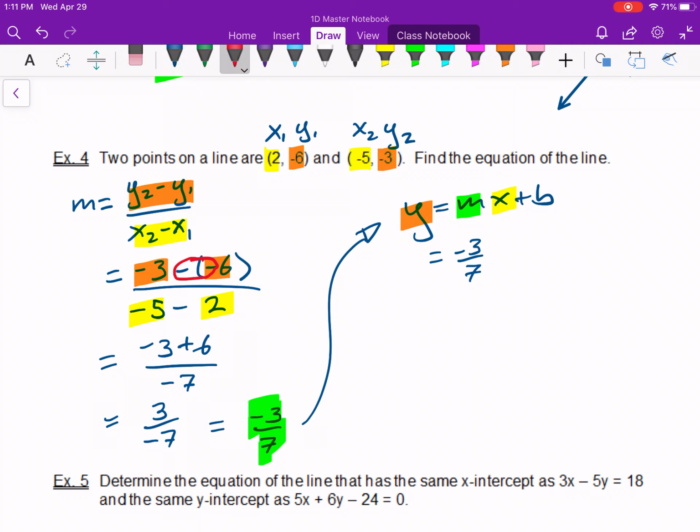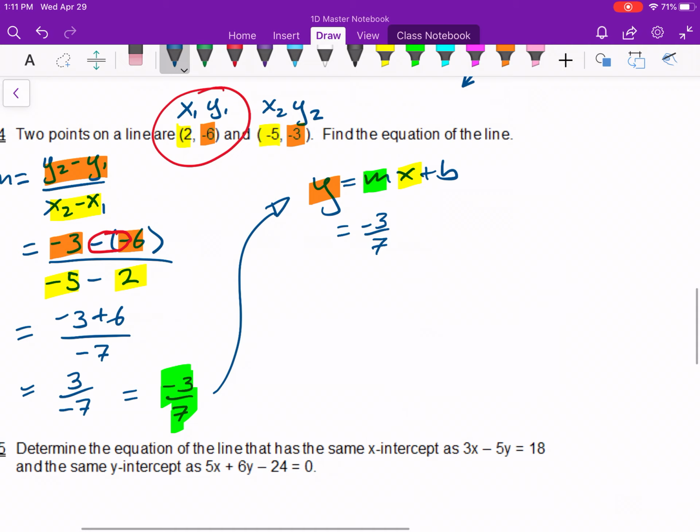Which one looks easier? To me, the first one looks easier because there's only one negative sign in there as opposed to 2 in the second one. So I will put negative 6 in for y, and positive 2 in for x, because that is what I see there in that point.